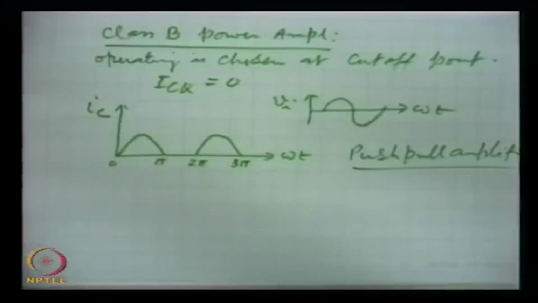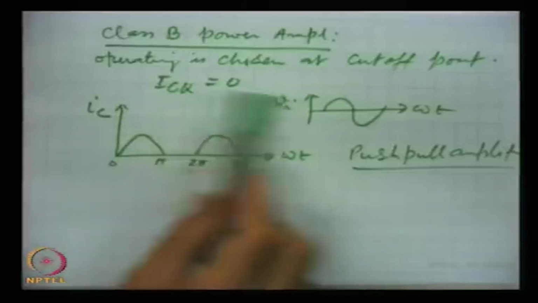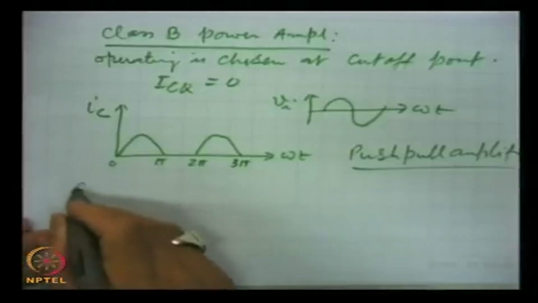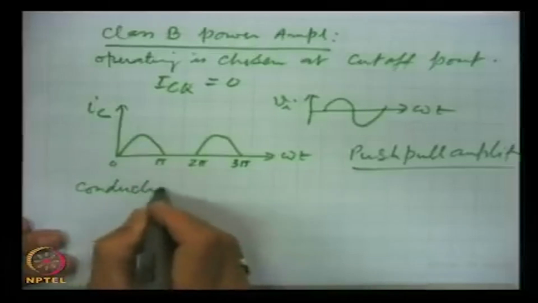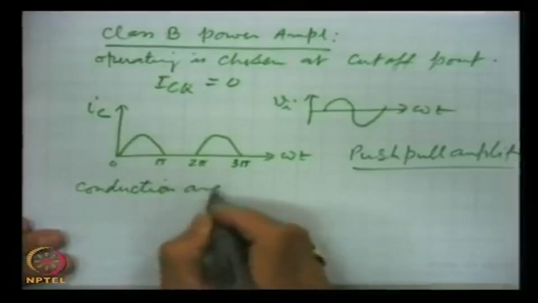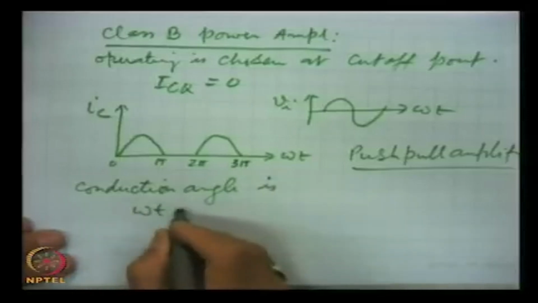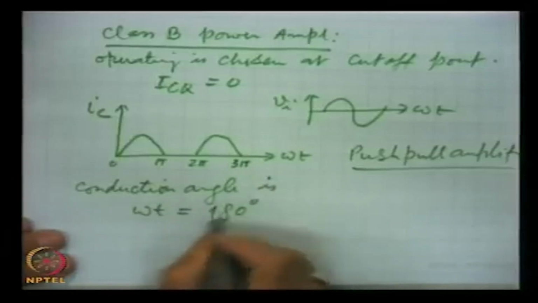So, this is class B operation in which we choose the operating point at the cutoff point, so that the conduction angle omega t is equal to 180 degrees.